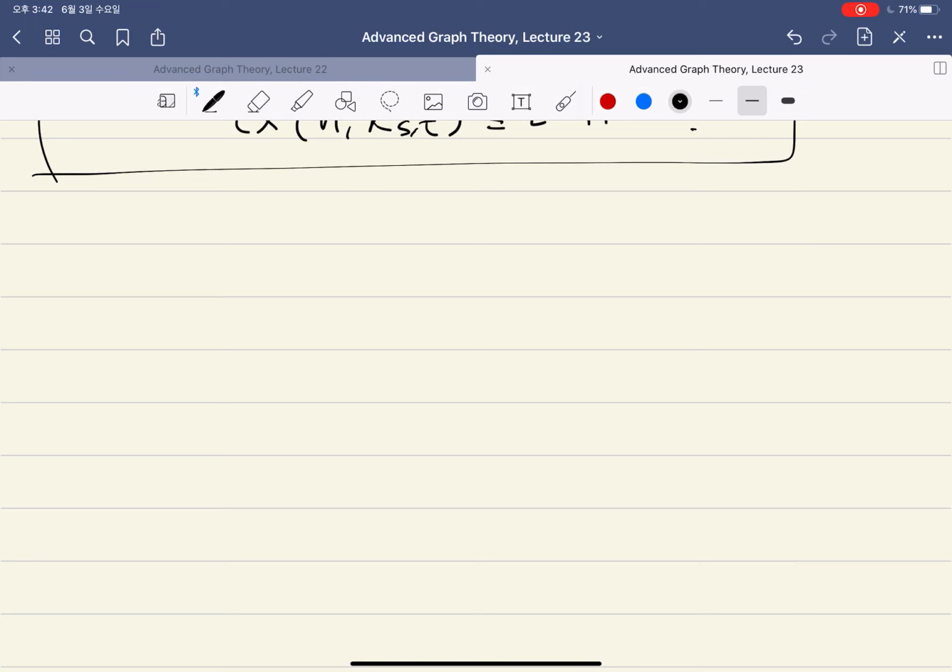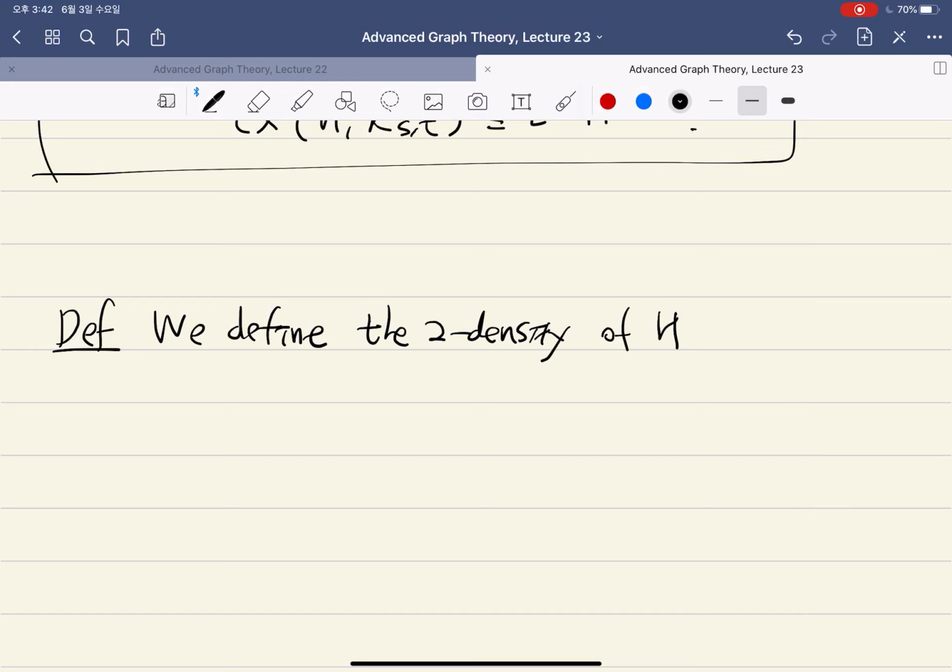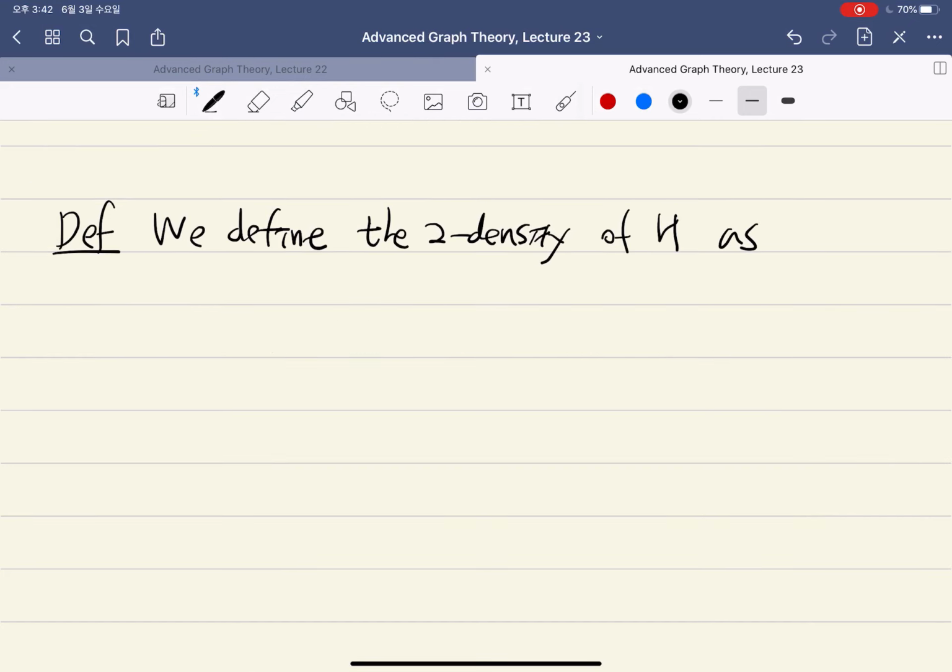So to get some lower bound, there are several techniques. One of them is using the randomness. So by using the probability method, we can actually find some lower bound, which may not be tight, but at least gives us some lower bound.